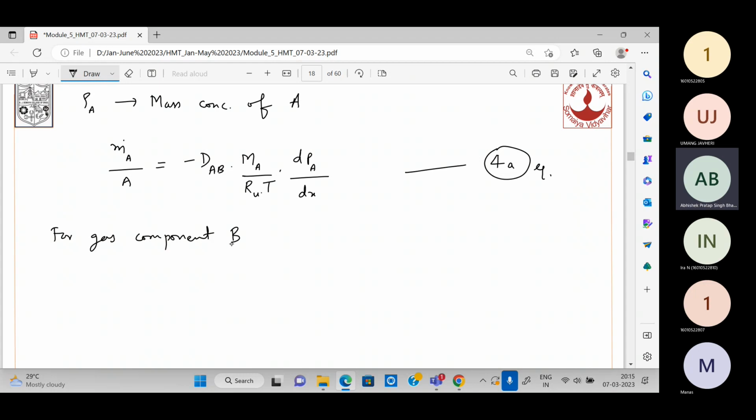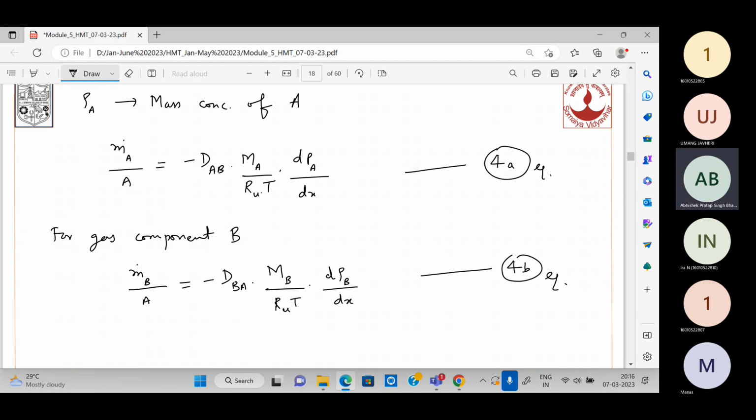If the gas component B is in isothermal diffusion, we can say Mb divided by A is equal to minus DBA into Mb divided by RuT into d rho b by dx. This is equation 4b.